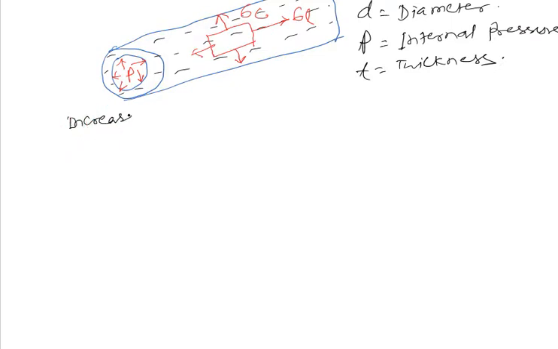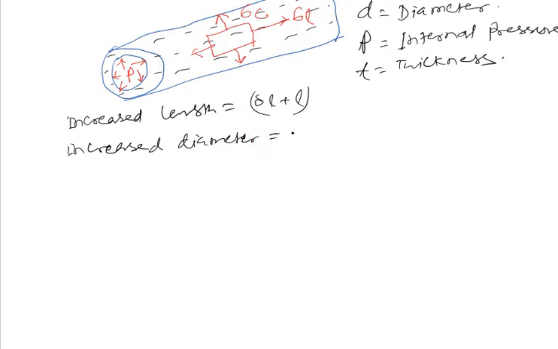The increased length will be equal to L plus delta L, and the increased diameter will be equal to D plus delta D. Correct? So increased length and increased diameter.